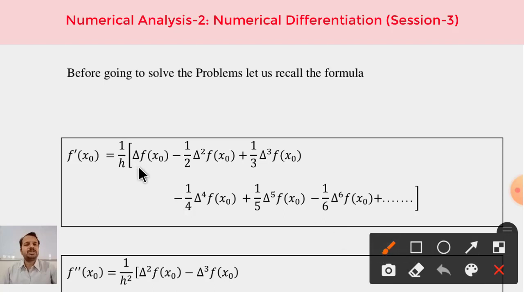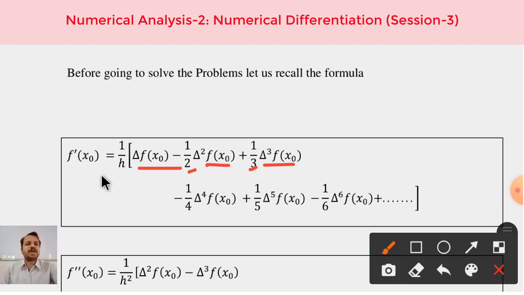Please have a look at these terms. First the first order difference of delta f at x naught, and then minus half, that is minus 1 by 2 into delta square f at x naught, plus 1 by 3 into delta cube f at x naught, minus, and so on. If you remember the formula, there is a simple technique you can have.